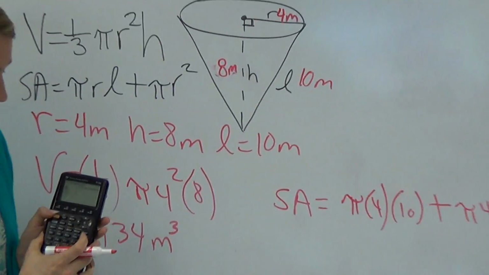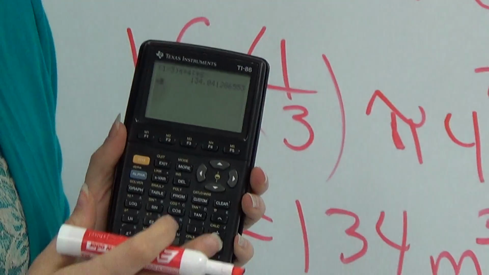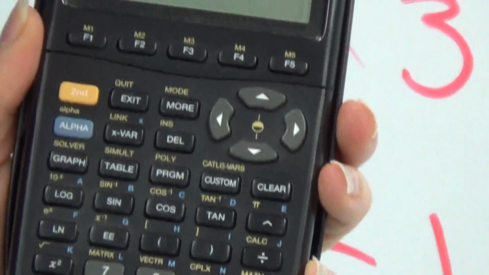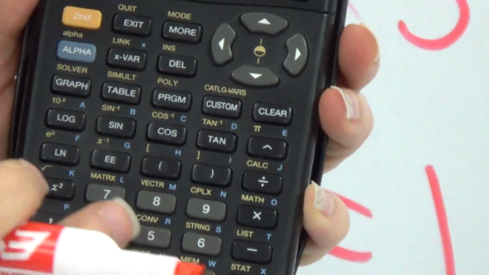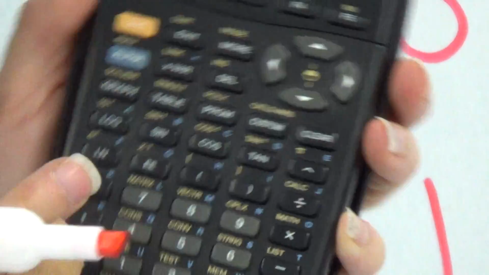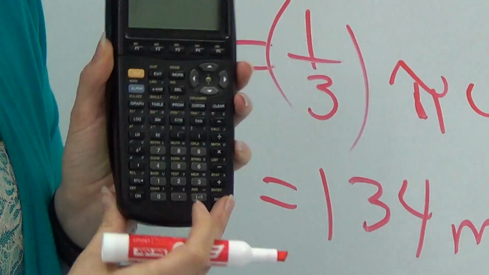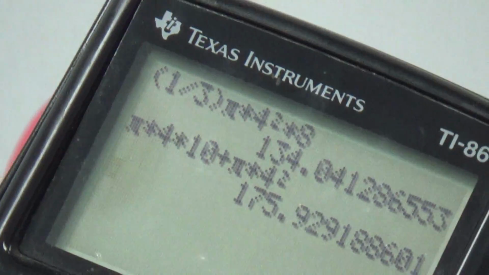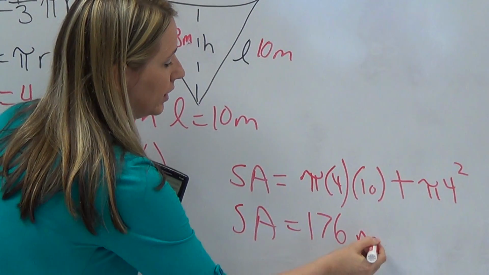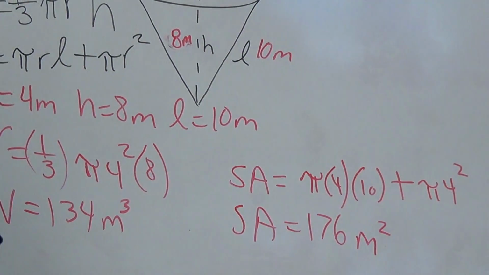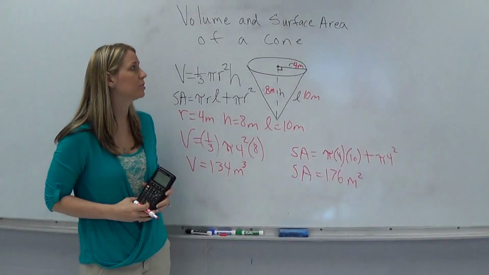So we get pi times 4 times 10 plus pi times 4 squared. Got it all plugged in, hit enter. It's 175.9, so we'll say 176. 176, and this is squared, meters squared. And that's how you find volume and surface area of a cone.